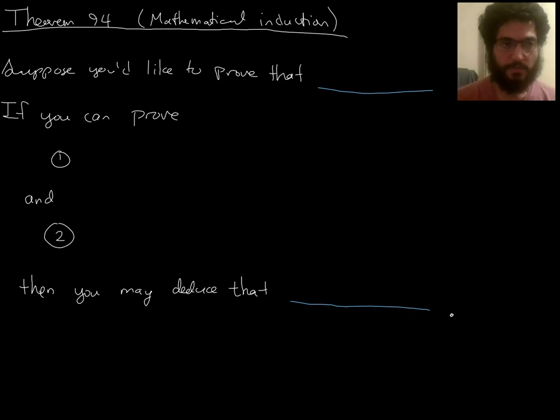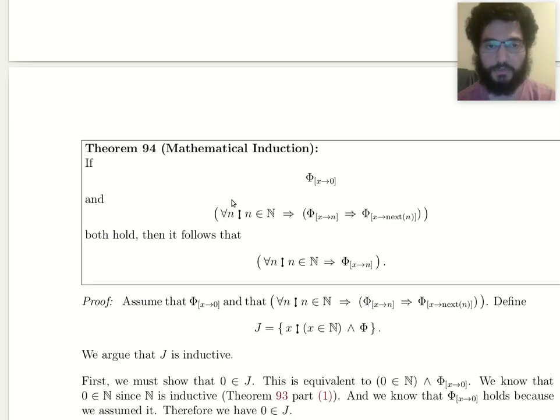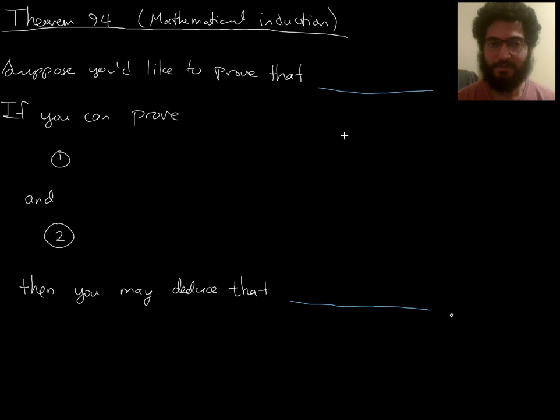So I'm going to state the theorem here step by step, and I'll start by filling it in using an actual placeholder proposition, other than just a Greek letter, capital Phi. I'll put in an actual thing that sounds like a proposition. So let's suppose you'd like to prove that all natural numbers have a certain property.